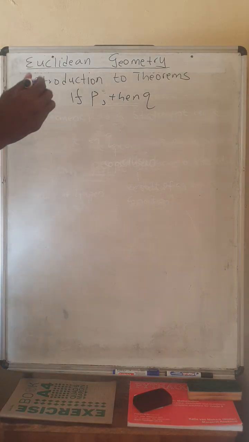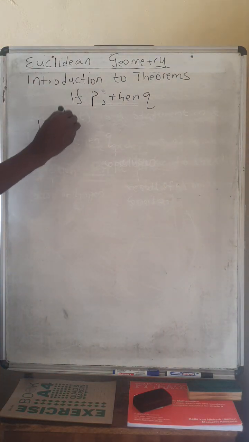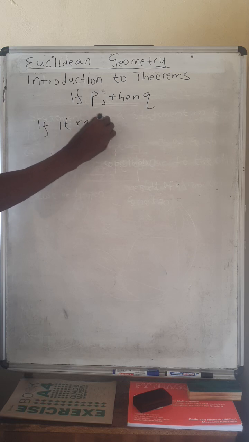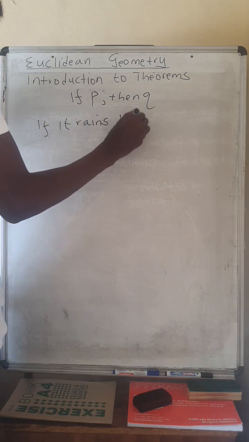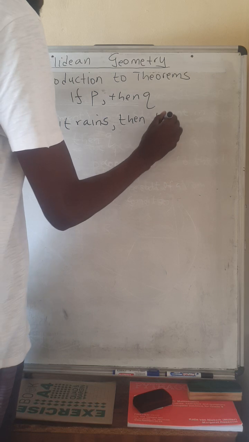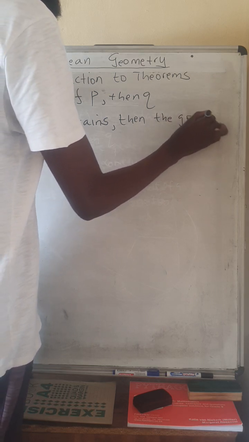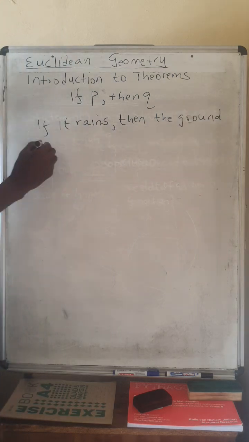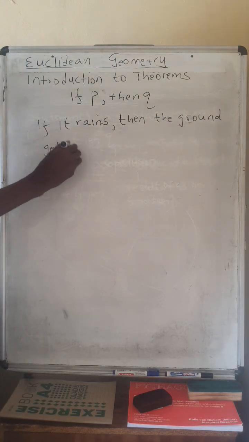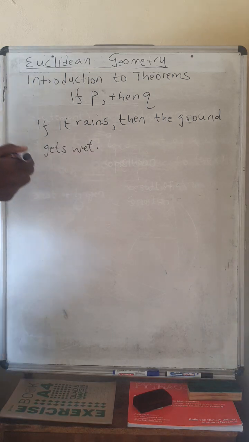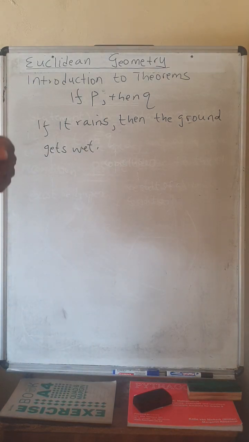For instance, if I give you something like this: if it rains, then the ground gets wet. So this is a very good example of what a conditional statement is.